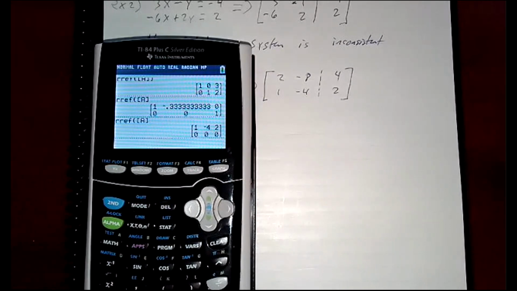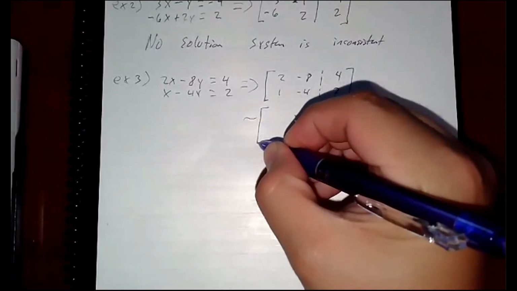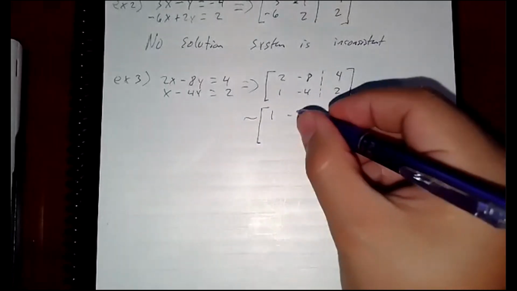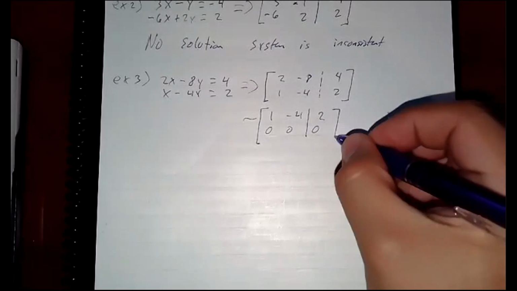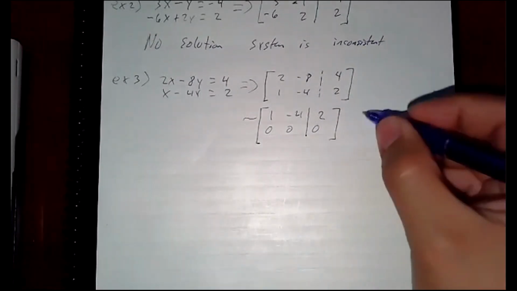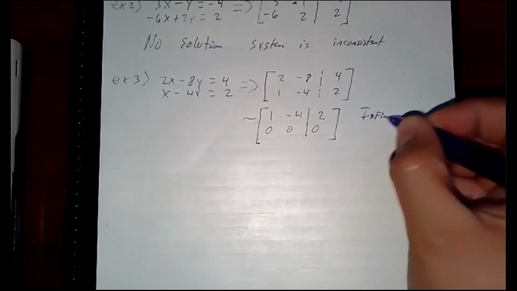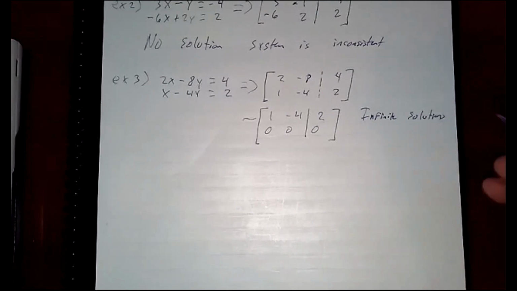Now you see a row of zeros. When you see a row of zeros, you say that's an infinite number of solutions. I'm not going to make you solve these by hand. Solving the matrix by hand is a real pain, which is really what the next section is about. But right now we're already solving matrices using our calculator and online solvers. So this means infinite solutions.